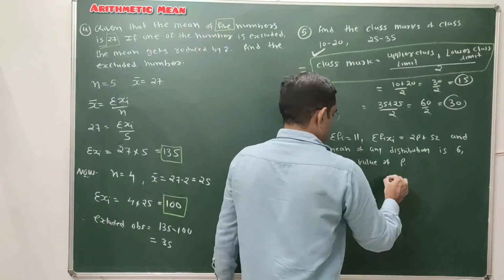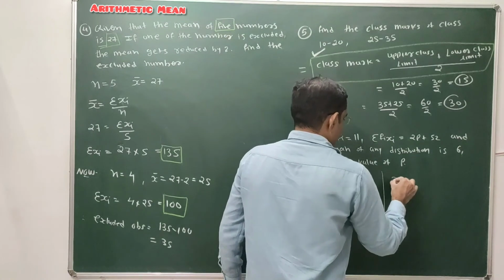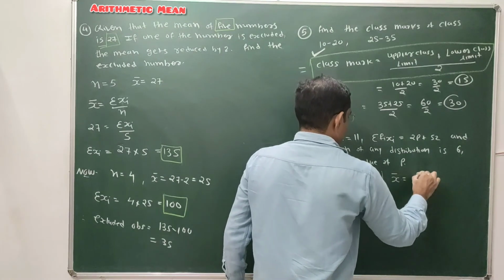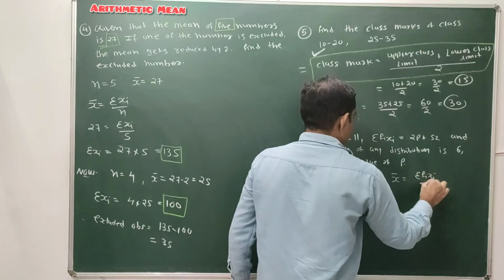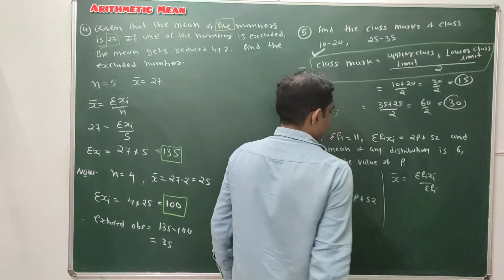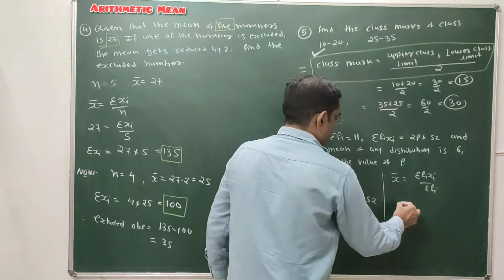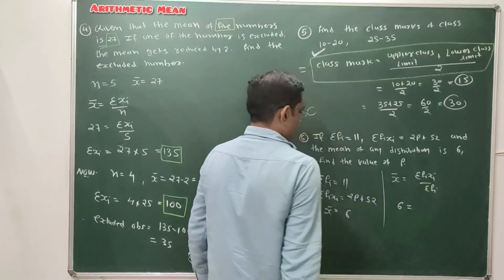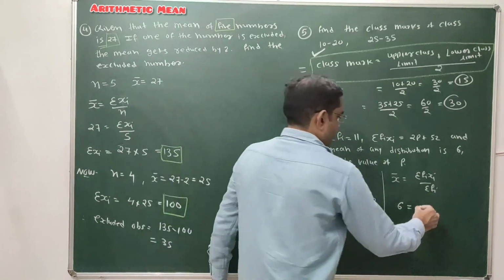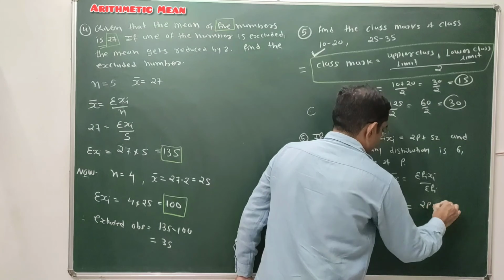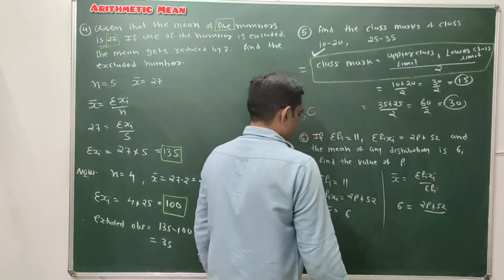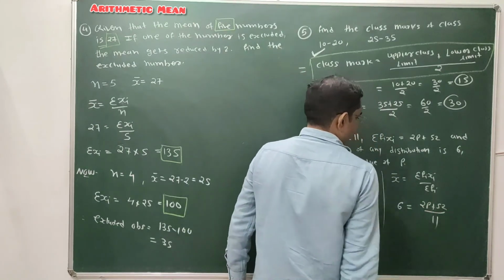So our formula is x bar equals sigma fi xi upon sigma fi. The mean of the data is 6. So 6 equals sigma fi xi, that is 2p plus 52, divided by sigma fi, 11.